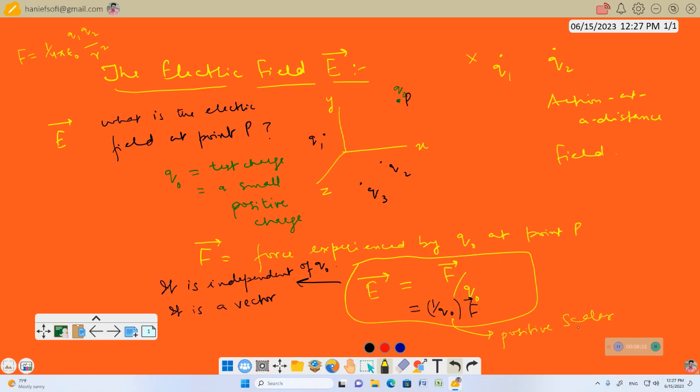You know from the properties of vectors, if you multiply a vector by a positive scalar, the resultant quantity is a vector in the same direction as that of the vector. That means if I have, for example, vector A, and I multiply it by 3, 3A is a vector in the same direction as that of A. Of course, its magnitude will be 3 times that of A. So E is a vector in the same direction as that of F. So it's a vector in the direction of F.